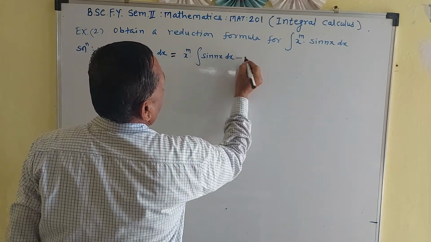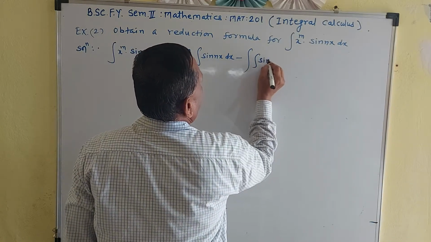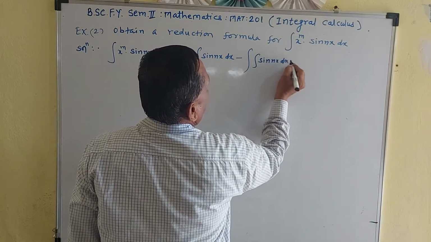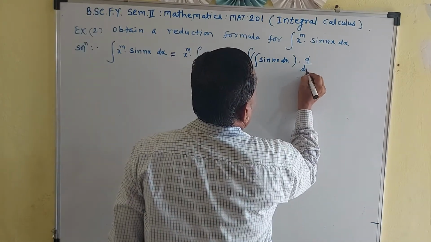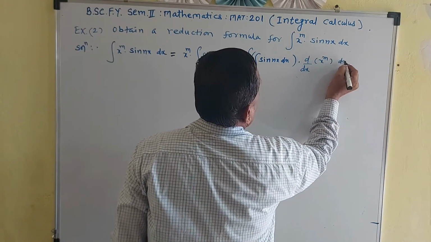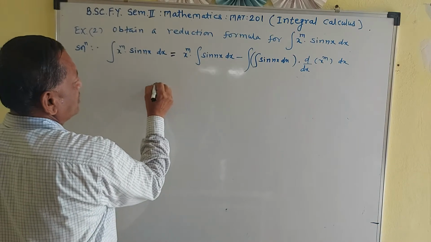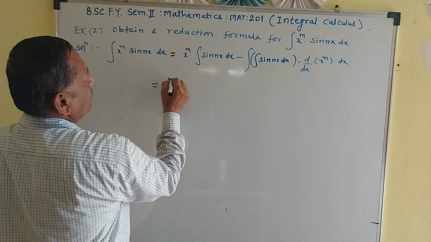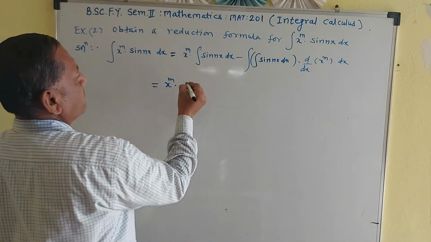dx minus integration of sin nx dx into derivative of x raised to m dx. So what is the integration of sin nx? It is equal to x raised to m into integration of sin x, which is cos x.